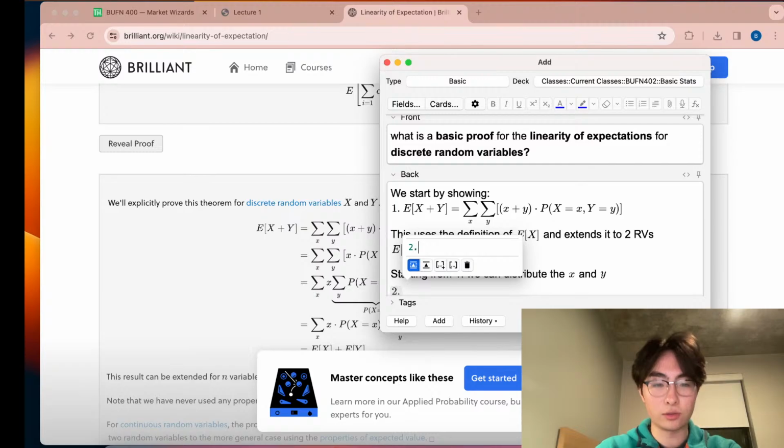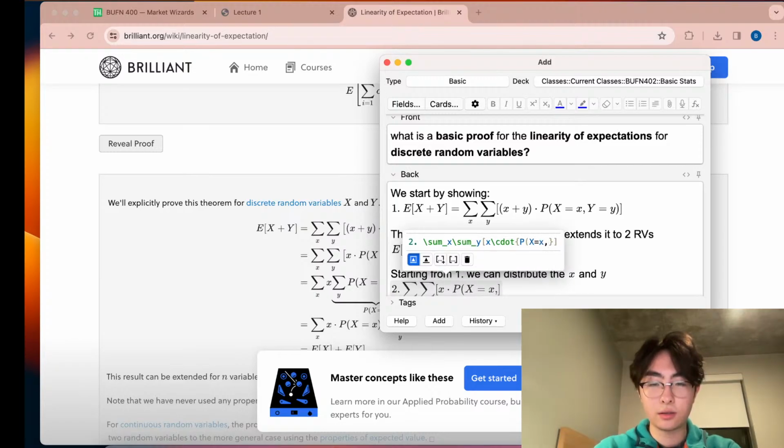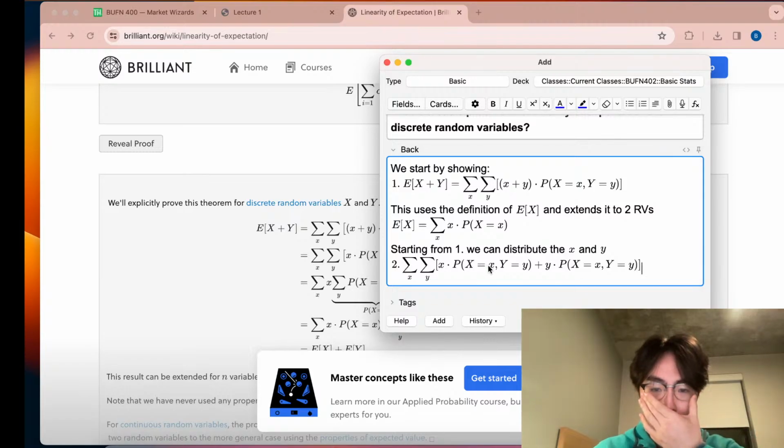So we have now 2: the expectation of X plus Y is the sum over x, sum over y, of x times P(X equal to x, Y equal to y) plus y times P(X equal to x, Y equal to y).